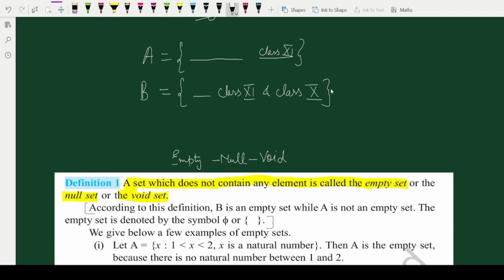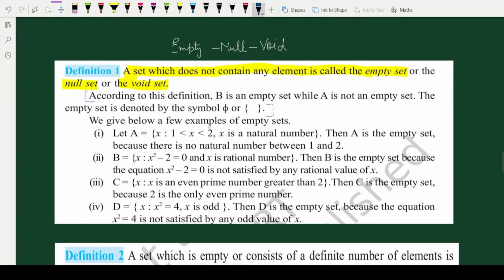This is impossible. A student studies only in 11th or only in 10th. So A is a finite set, and B is an empty set. According to the definition, B is an empty set while A is not.